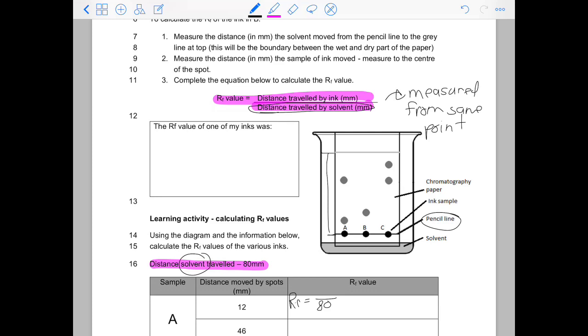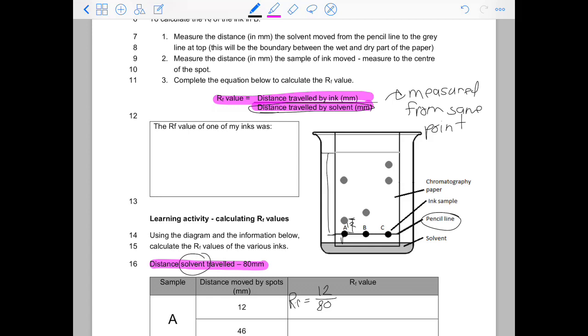So for this first one, sample A, so that was our first ink, we're talking about the spot that's moved 12 millimeters, so that's this one here. So that would be 12, would be that value there. So our ink has traveled 12 millimeters. You'll notice for the ink sample, there are actually 2 spots.